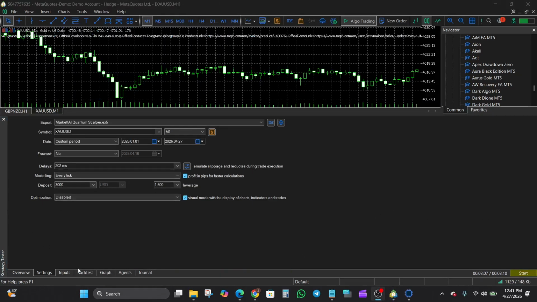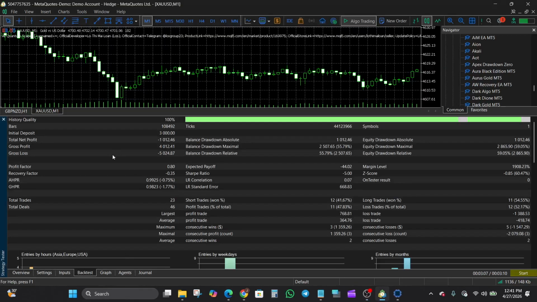So the results are out now, and we can see that out of an initial deposit of 3,000 US dollars, the total net profit was negative 1,012 US dollars. So that's about a 33% loss, thereabouts.